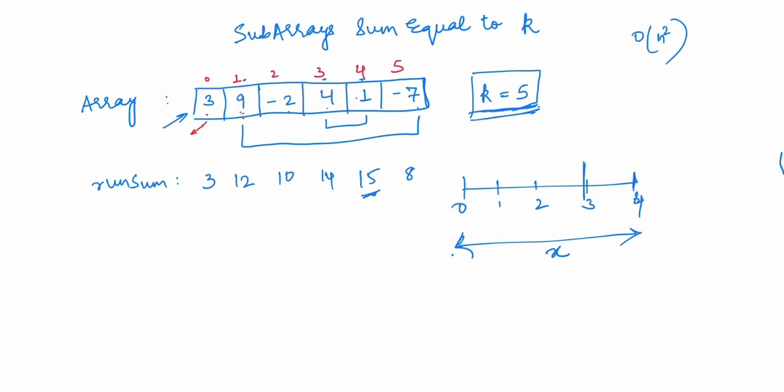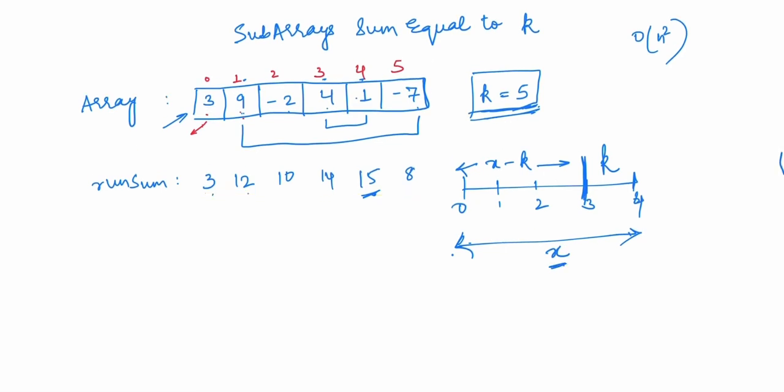So we are saying that at any point of time, if the running sum is x and there exists a sum equals to x minus k, then we got to know that this is the subarray whose sum will equals to be k.